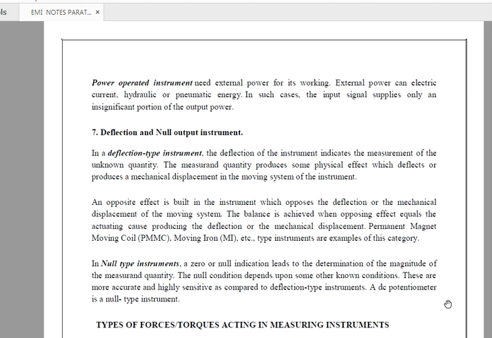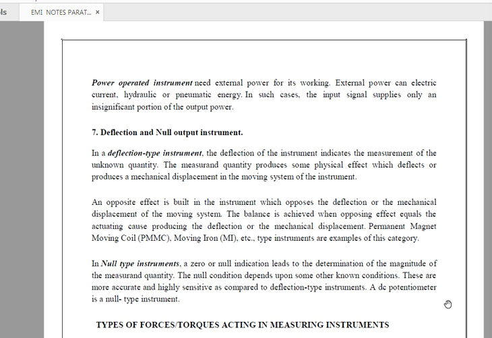Then the last one, deflection and null output instruments. In a deflection type instrument, the deflection of the instrument indicates the measurement of the unknown quantity.